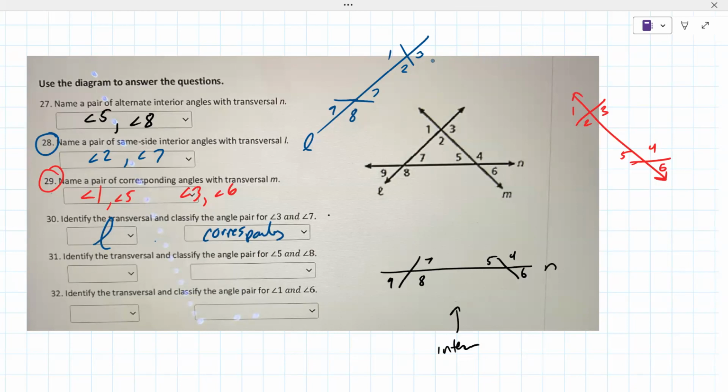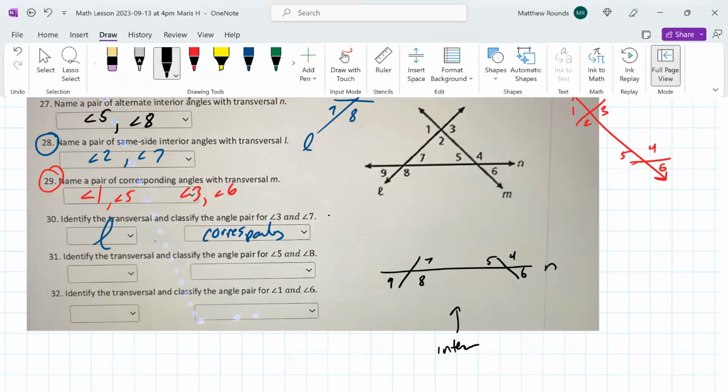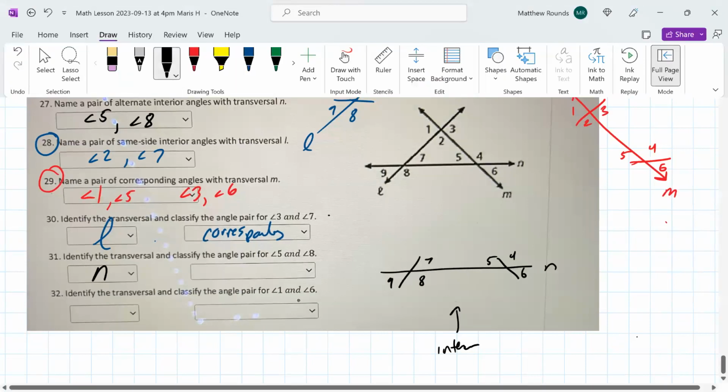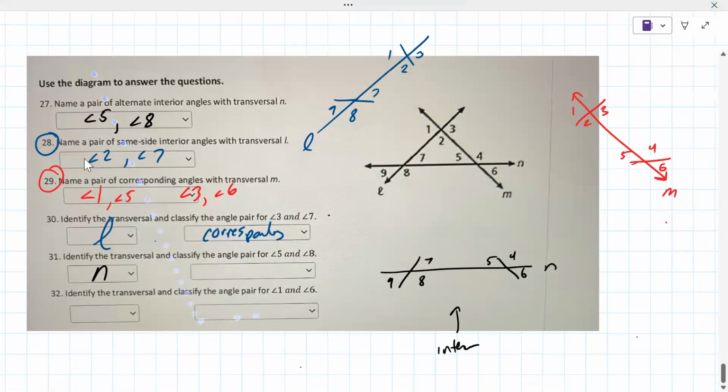All right, so 5 and 8. Which one are they in? L, N, M, N. Letter N. Good. And then what's the justification for that? 5 and 8, are they alternate interior?